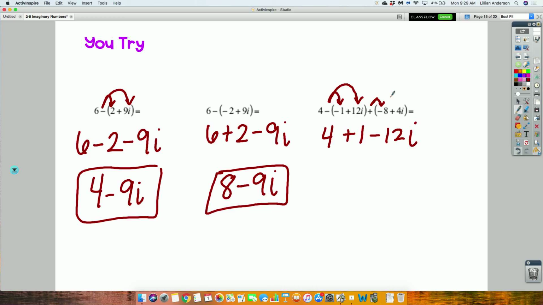It makes a negative. And it just stays the same when it's a plus. The plus doesn't change it, it's the minus that really changes it. Combining our like terms, 1 plus 4 minus 8, 3, negative 12i plus 4i.